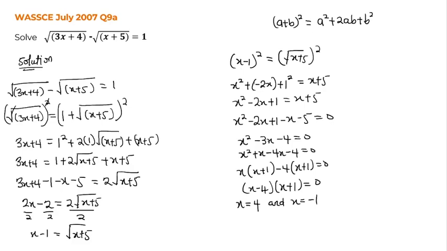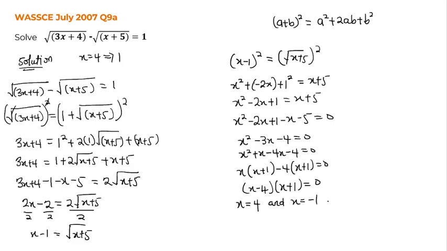Right, so let's try that of 4. So we have here the root of 3 into bracket 4 plus 4 bracket close, minus the root of 4 plus 5. That will give me +1. So if I substitute s is equal to 4 back into this equation, it will give me +1 as my result.